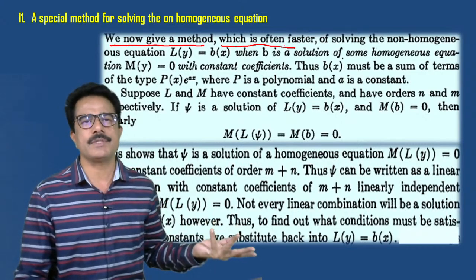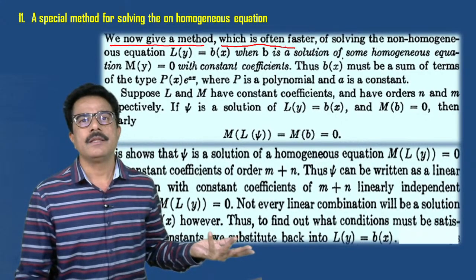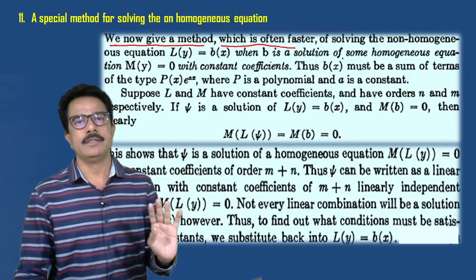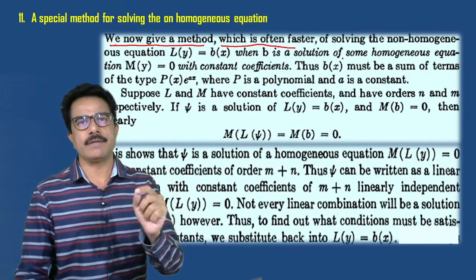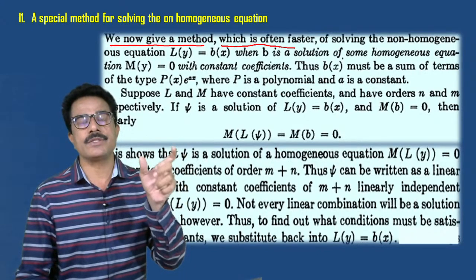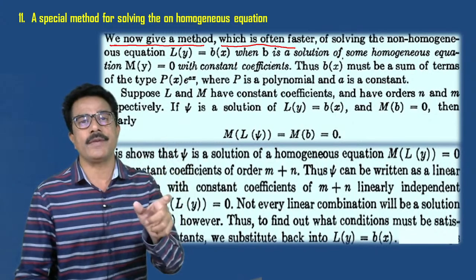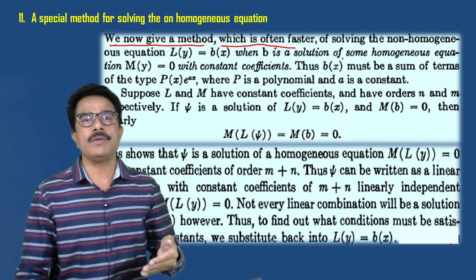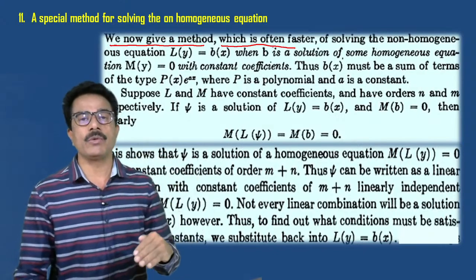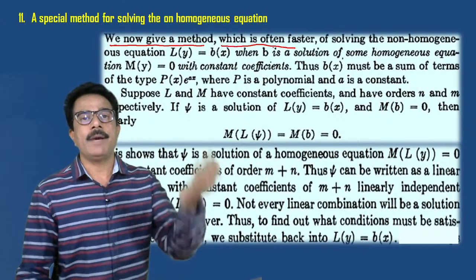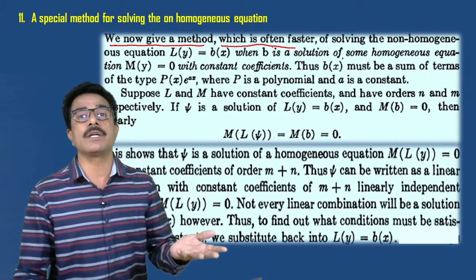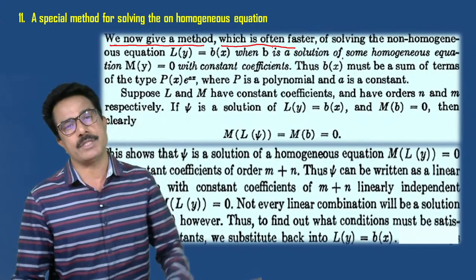Also, already we have seen the method of the Wronskian to solve the non-homogeneous differential equation. That means u1 dash of x, u2 dash of x, u3 dash of x can be obtained by using the Wronskian, and then we find the particular solution psi p, and by using the complementary function plus particular solution we can obtain the general solution of a non-homogeneous differential equation.